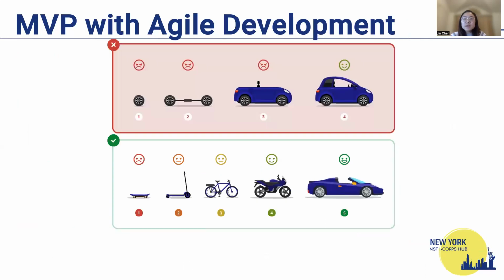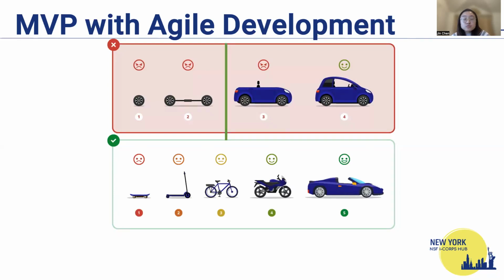So now let's look at an example of developing a minimum viable product with Agile. In this example, the job that customers need done is moving around. The product releases on the top, especially the first two versions, are not fully functional products, which cannot really accomplish the job to be done, so you cannot really get customer feedback.